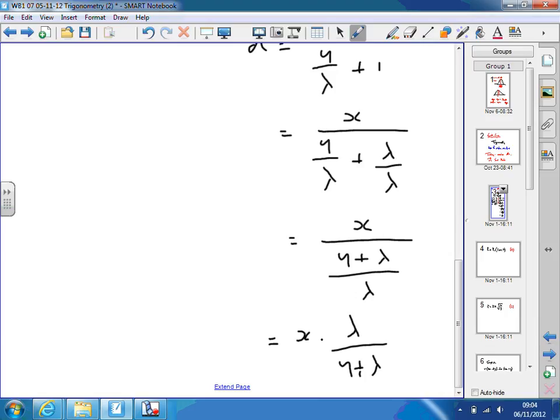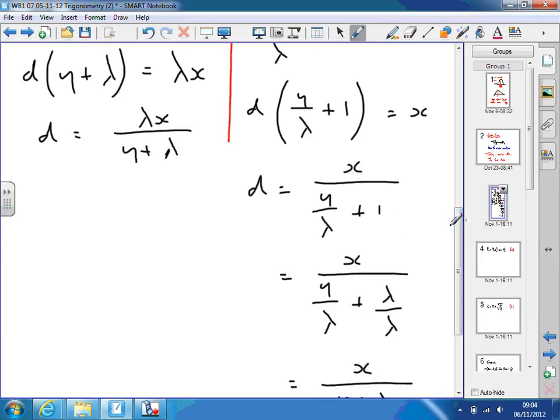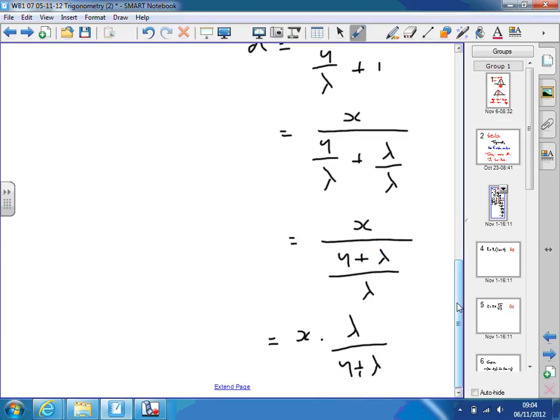And then you can see that it's the same as that, x times lambda over y plus lambda. So they are actually now the same. It's probably easier to do it the left-hand way, but I just wanted to demonstrate that you can go either way and you get the same answer. But I agree, the answer is not straightforward there.